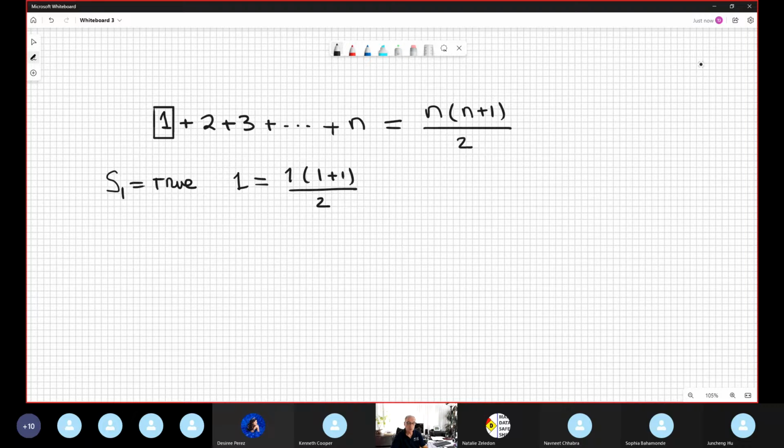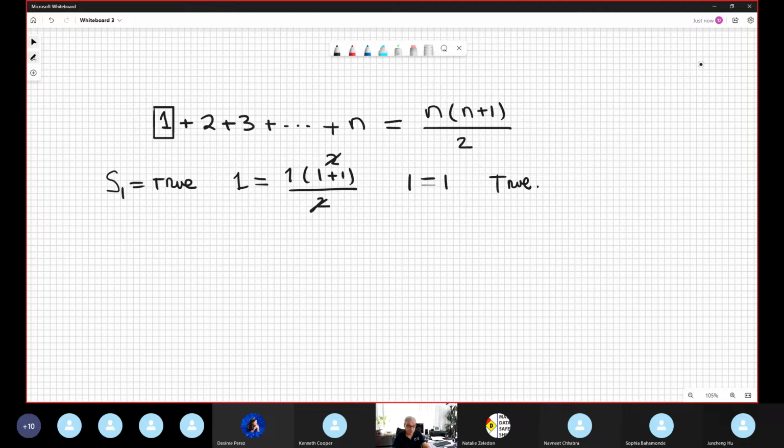It's over, the 1 plus 1 is 2, 2 and 2 is cancelled, 1 equal. True. See, this situation doesn't happen in the first. You try n equal 2, n equal 3. In one moment it's true. And this is the basis step. Not necessarily the basis step is coincident 100% with the 1. But in the majority of cases, yes.